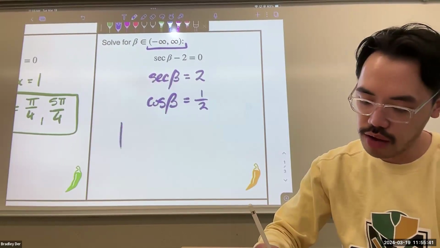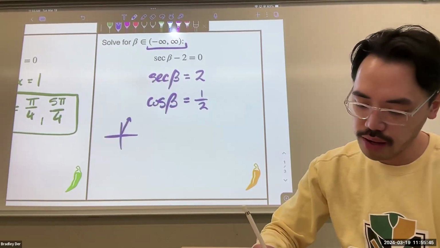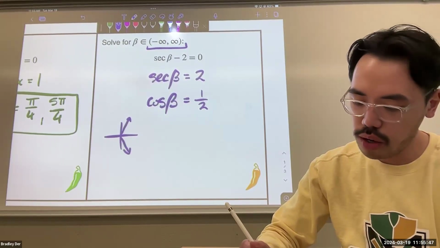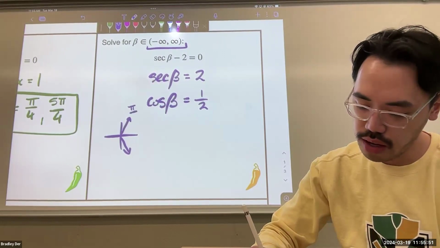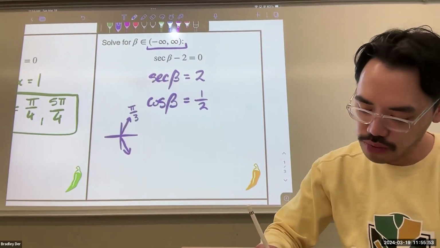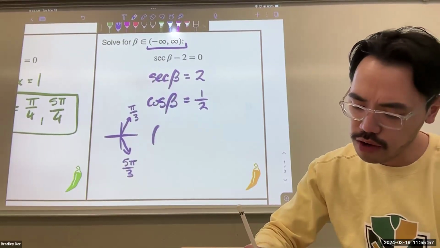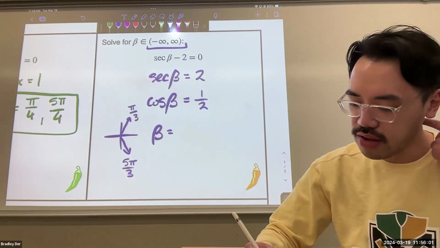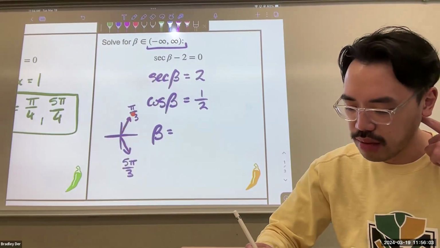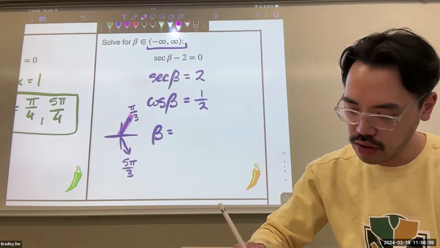And so now we're looking, okay, where is cosine equal to 1/2? Well, that would be in quadrants 1 and 4. The reference angle of pi over 3. So your principal angle here would be pi over 3. And this would be 5 pi over 3. But we're solving over all reals, right? So I can't get both of these terminal rays to line up with the same sort of period. So we're just going to treat these as separate. So let's go purple here.